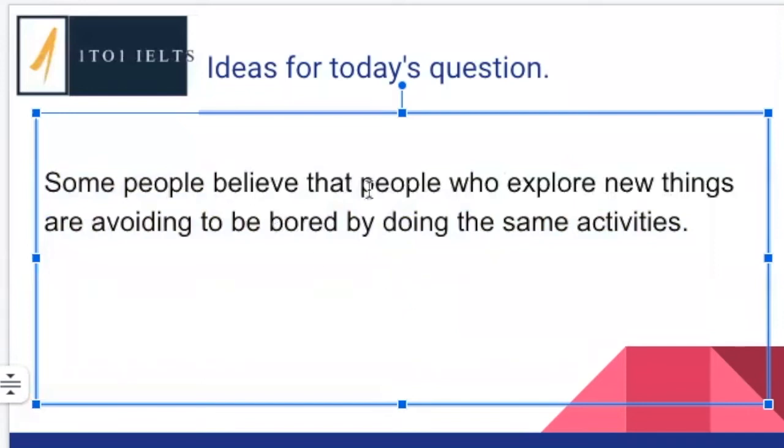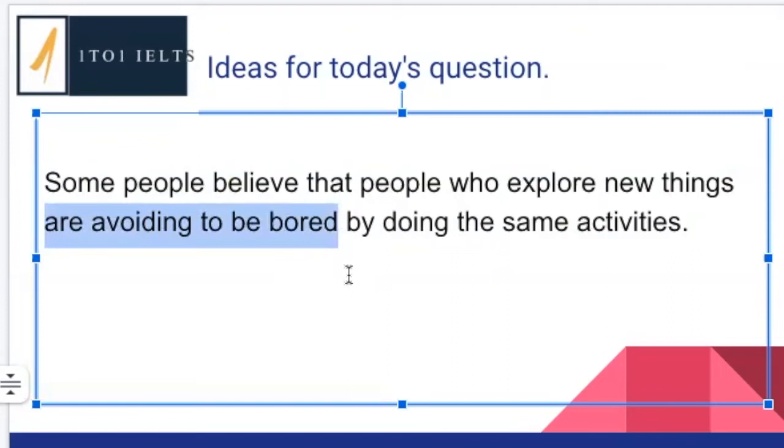So some people believe that people who explore new things are avoiding to be bored by doing the same activities. I see where our problem is here. So are avoiding to be bored. So this isn't an expression in English.